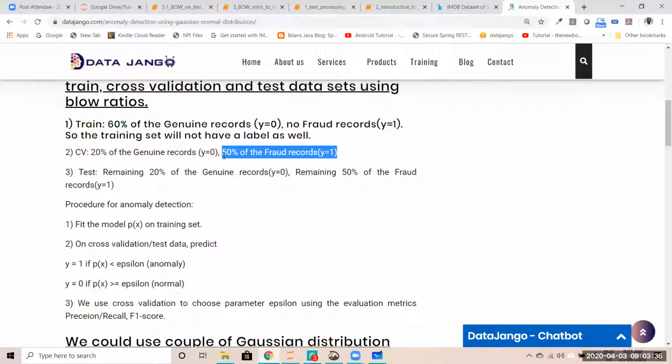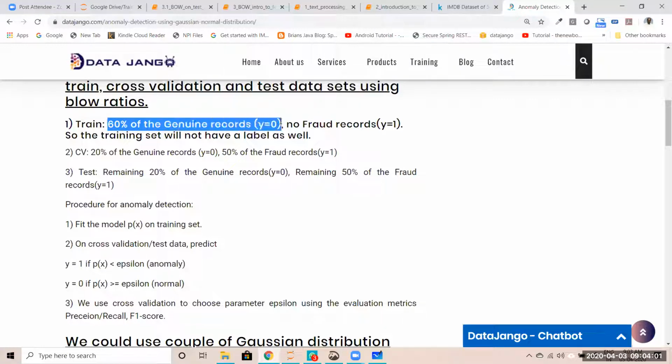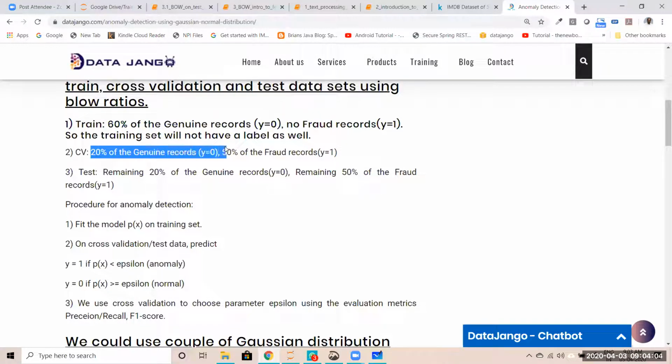How many fraudulent records are there in the data set? Do you remember? 400 something. 482. Out of those 482 records, 241 records we'll take and mix them with 20% of the genuine records. Out of 2,84,307, 60% were taken as the train set. 20% was taken and mixed with 241 fraud records, and the test set we prepared from the remaining 20%.